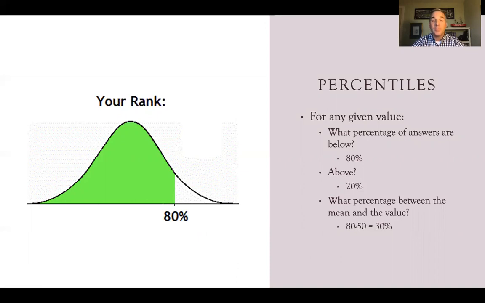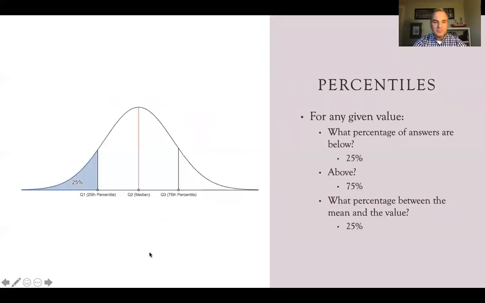Which means that 20%, because all the responses are 100%, are at that value or above. And then again, if the mean is equal to the median, then we know that 50% are above the median, 50% are below the median. So the percentage between the mean and this value that's at 80% would be 30%, right? This is this amount right inside of here.